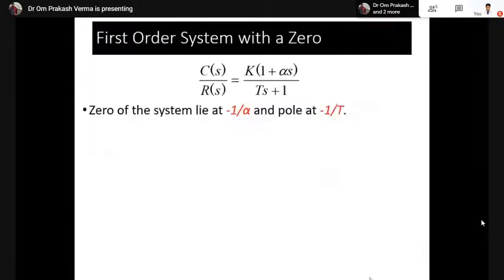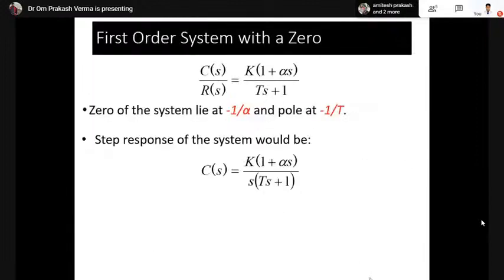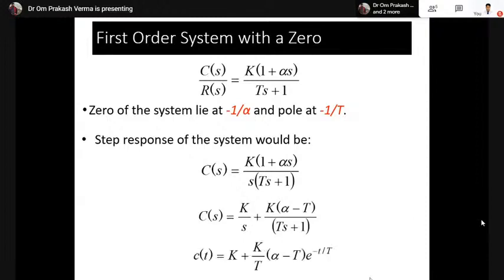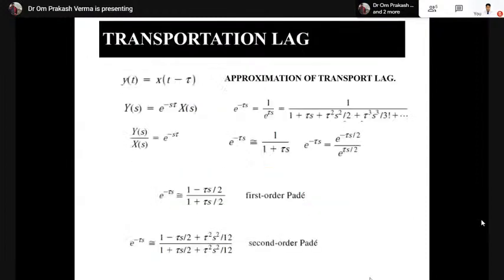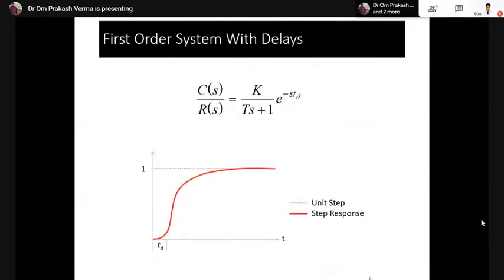Then we discussed the zero case: if a zero is present in the first order system, then what is the effect? Then we discussed the delay problem. We took one example: the delay e to the power minus s times td combined with the first order system.